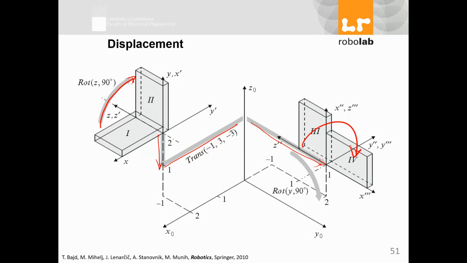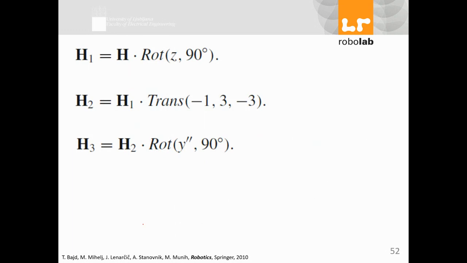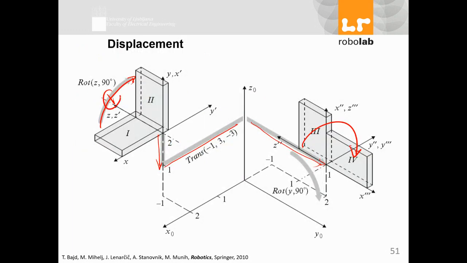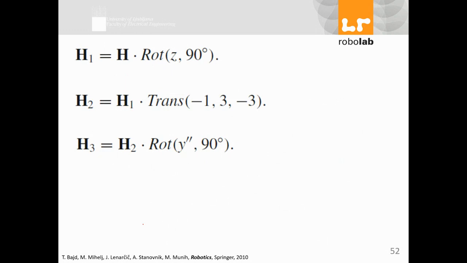To describe this displacement from here to finally point 4, we use matrices. We have 1, 2, 3 changes in the location and orientation. That's why I have H1, H2, and H3.